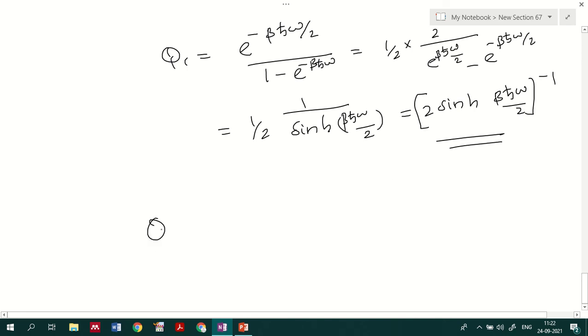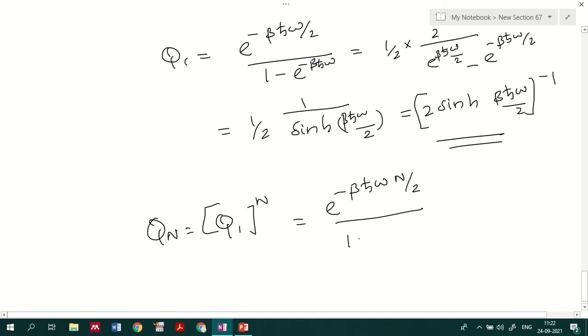And now we'll have qn equal to, we know that that is q1 raised to n. So we'll have e raised to minus beta h cross omega by 2, divided by 1 minus e raised to minus beta h cross omega, the whole raised to n.